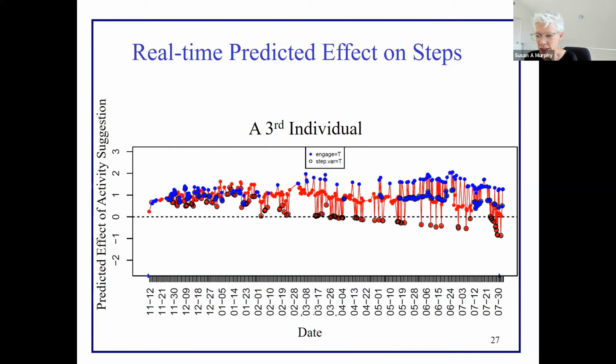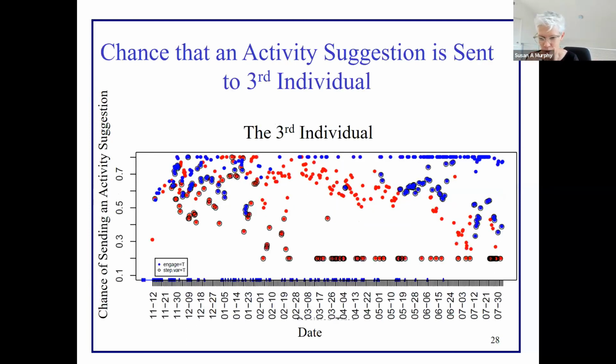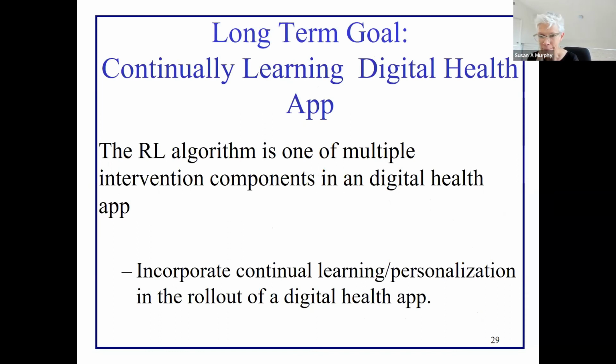And indeed, we're seeing almost no predicted effect of the activity suggestion in that time. So if they generally were not active in that time window, no use sending a message. And the probabilities reflect all of this. You know, I'll just move on with that. But it's very interesting. So looking at the probabilities tells you the personalization in a sense.